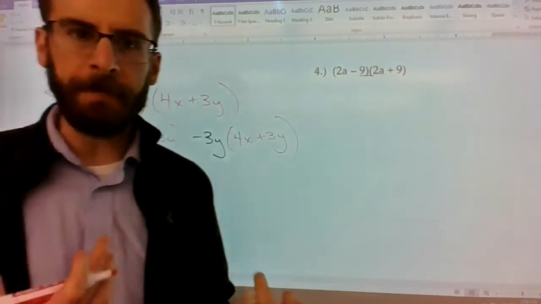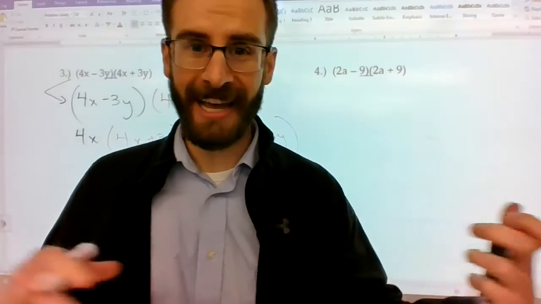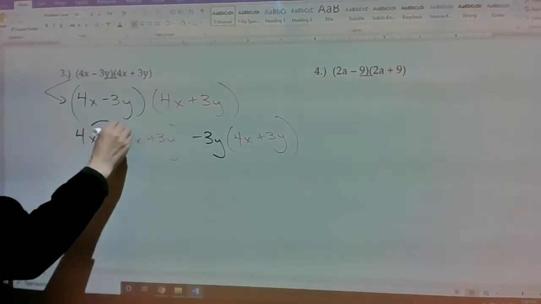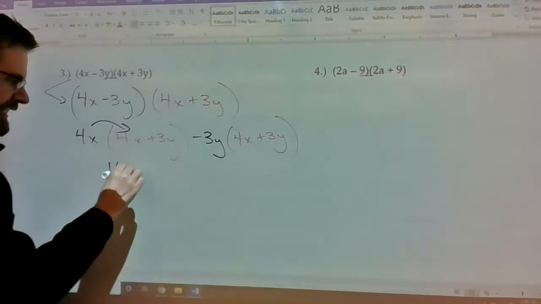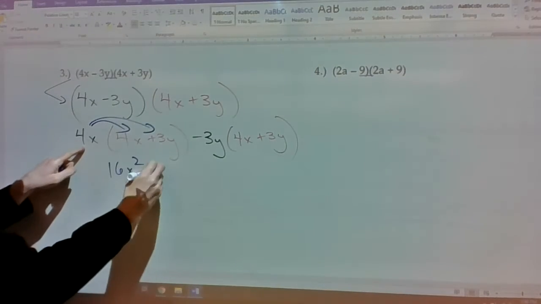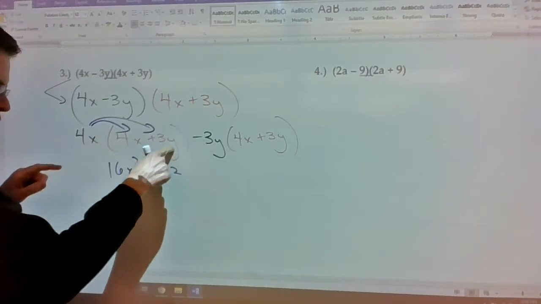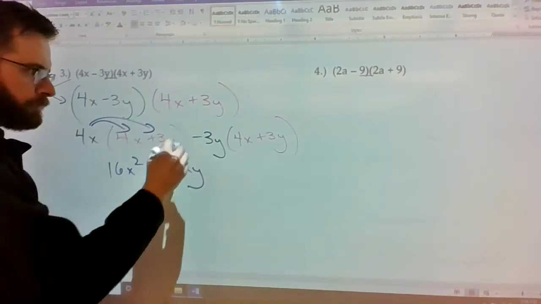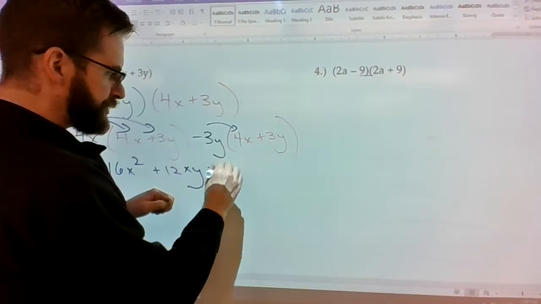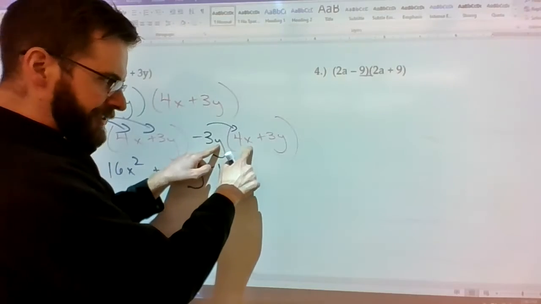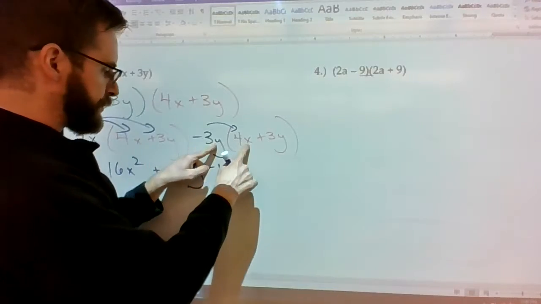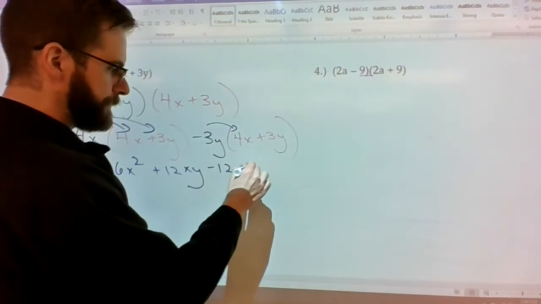And then it just gives us a bit of a review of how you're supposed to multiply different variables to one another. 4x times 4x is 16x squared. 4x times 3y is going to be plus 12xy. Now, we talked about this on the previous video. If it's minus 12yx, that is the same as xy. So you can just rewrite this as xy so that we can combine with the other one.